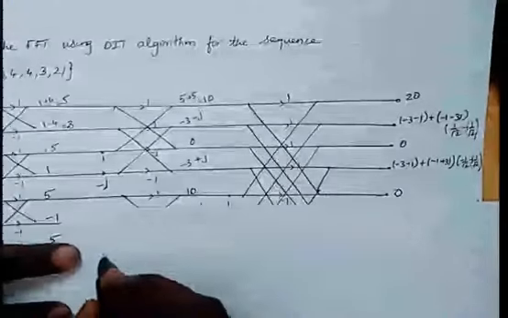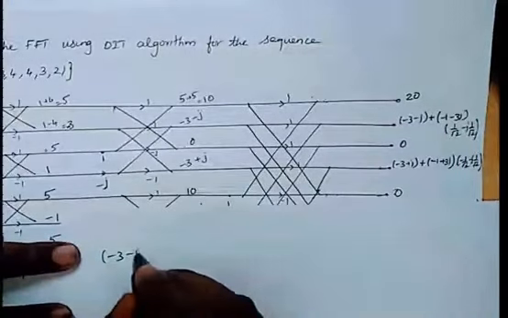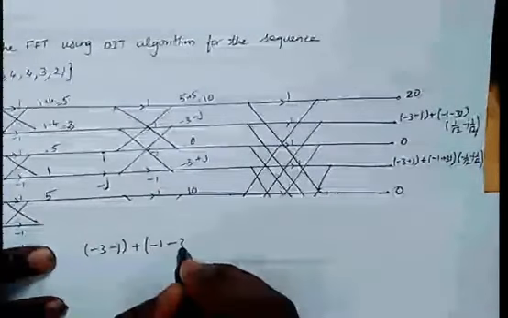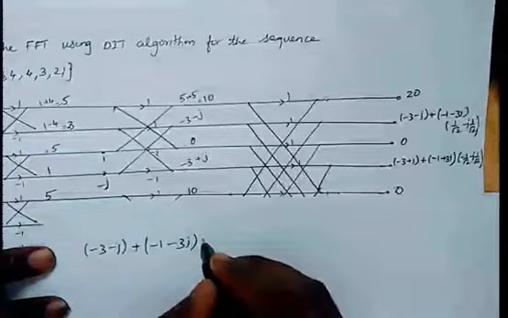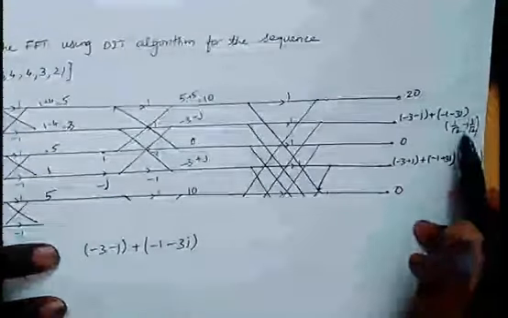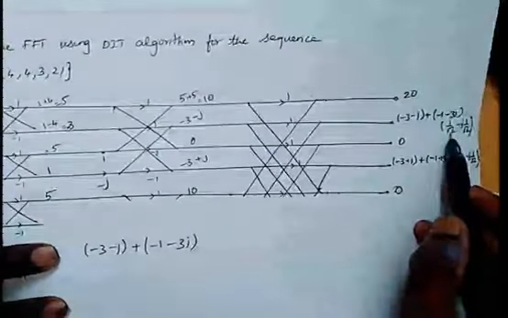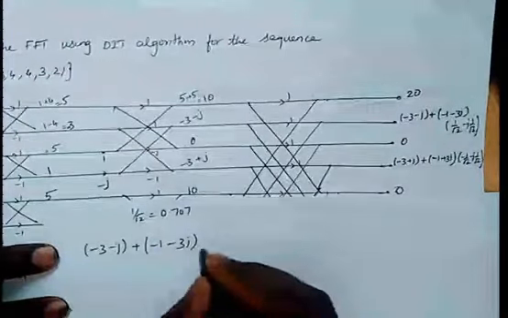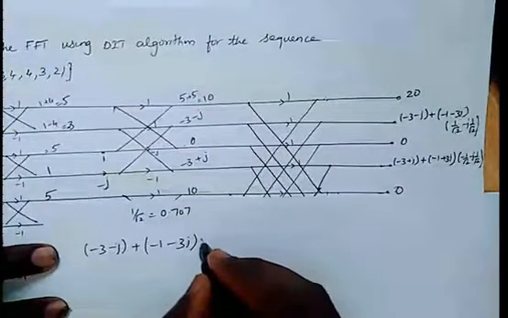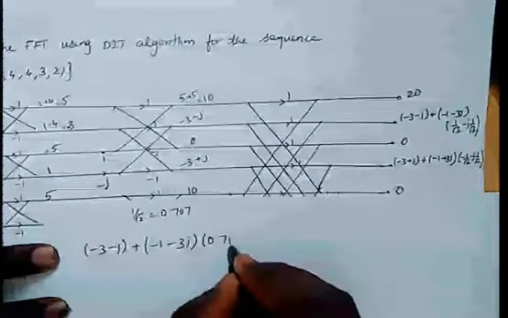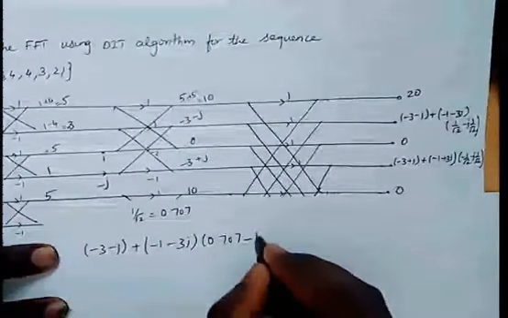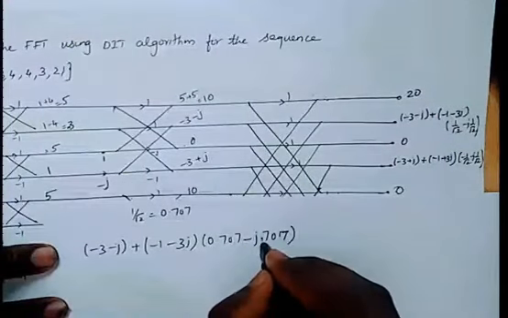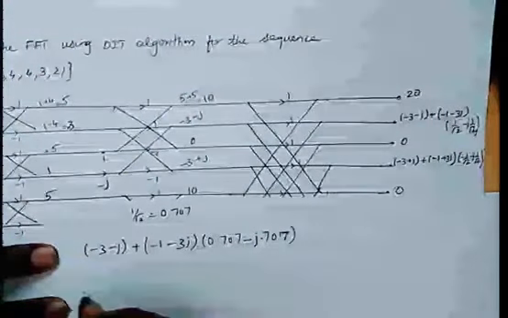So here we have minus 3 minus j plus minus 1 minus 3j into, so instead of 1 by root 2, it's nothing but 0.707. I'll write it as 0.707, so it will be easy to compute: 0.707 minus j into 0.707.